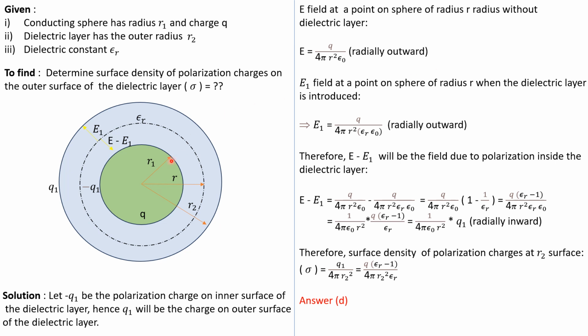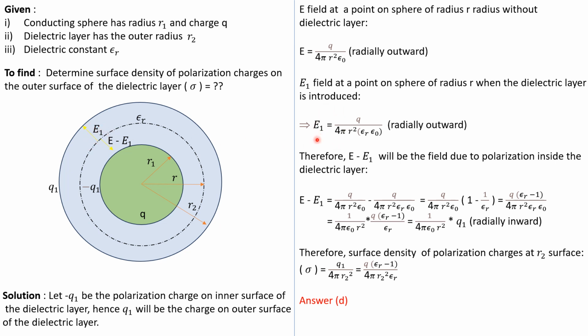But due to the introduction of the dielectric layer, the permittivity constant inside the dielectric layer has changed, and that has now become epsilon r into epsilon naught. So the field strength will change, and that is equal to E1.